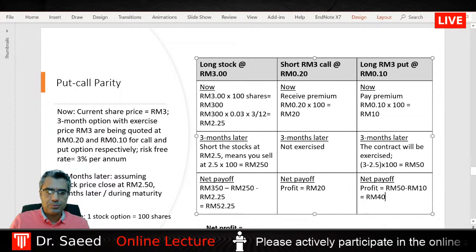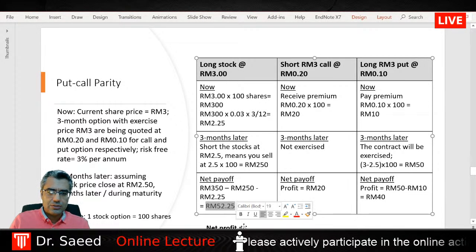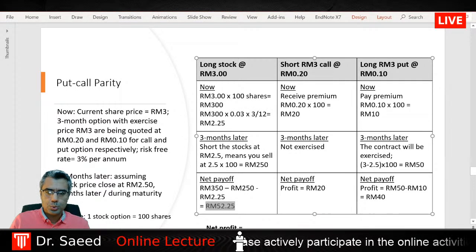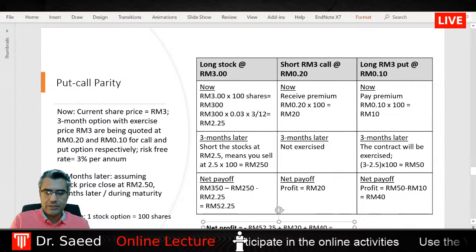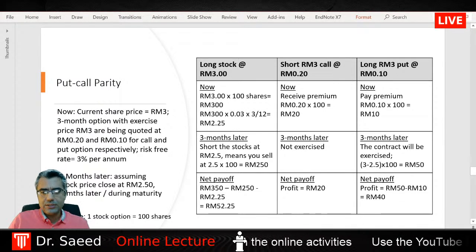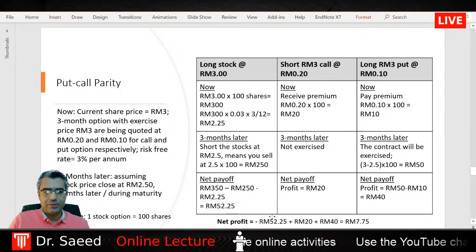Now, what is the net profit? The net profit is, this is your loss, so minus, this is your loss, plus 20 ringgit profit plus 40 ringgit profit. And if you do the calculation, again the profit is 7.75 ringgit. So again you got the same profit.